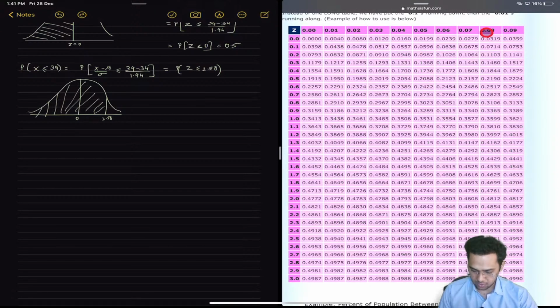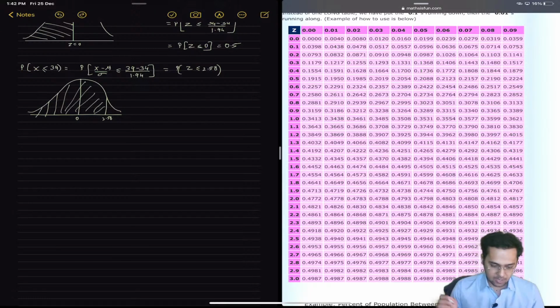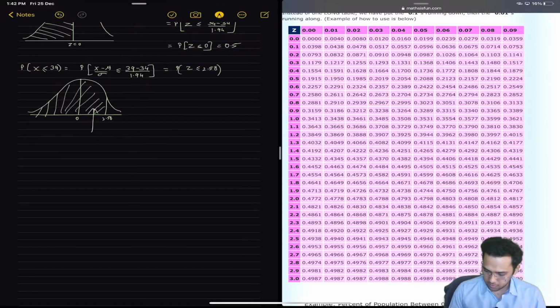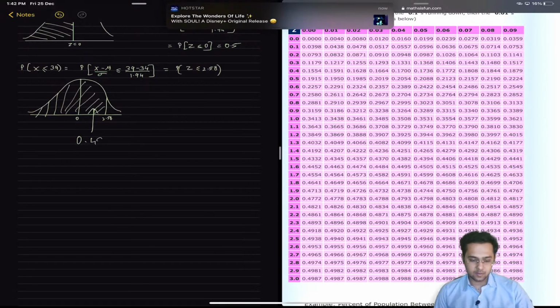For this particular row, the probability is 0.4951. But remember, that probability is only for this region, from 0 to 2.58.